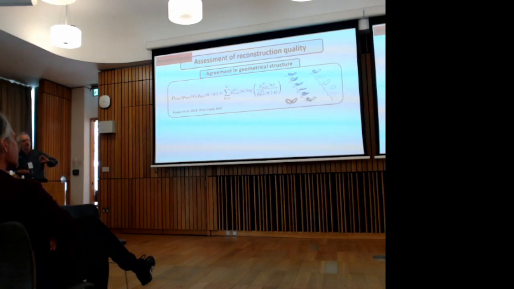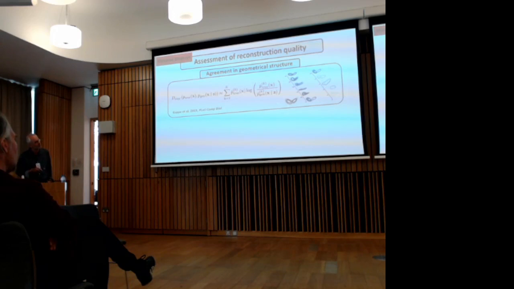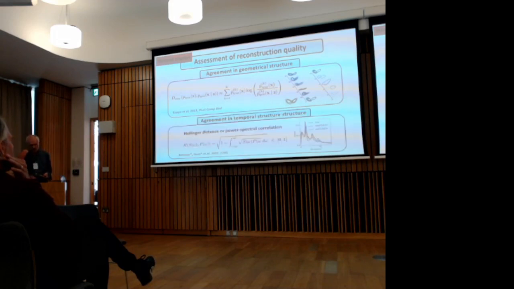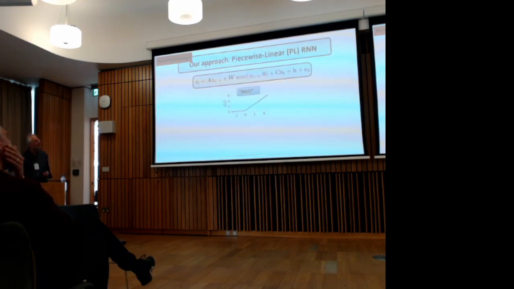We place boxes or Gaussians around the trajectories, and then assess the geometrical agreement in state space. This divergence will be lower the better the geometrical agreement of the underlying attractor structure is. And for temporal structure, you can use, for instance, the correlation between power spectra, or something else like the linear distance. Okay, so that's how we assess reconstruction quality.